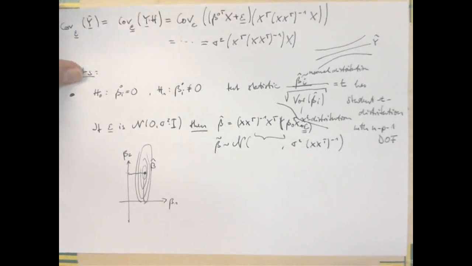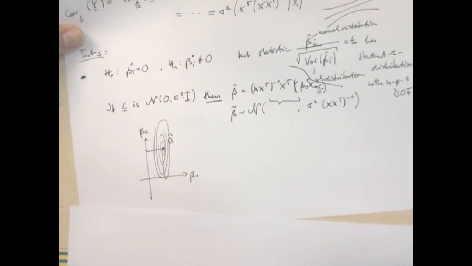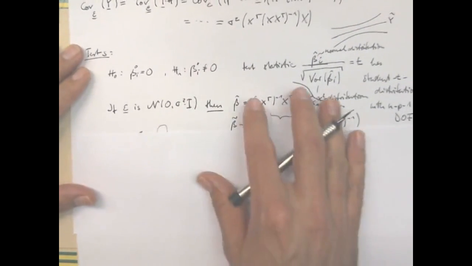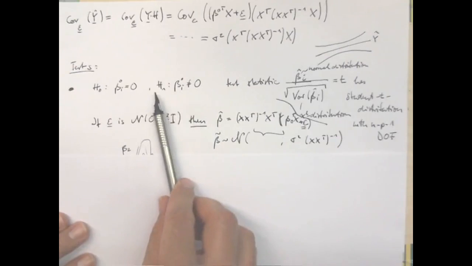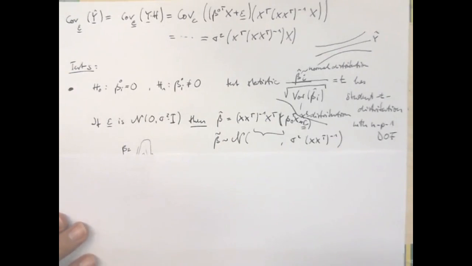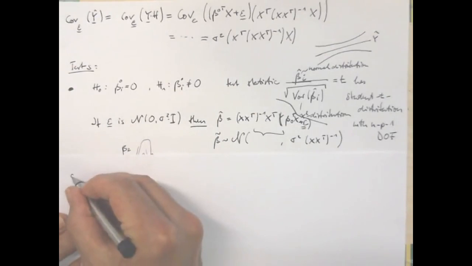So there was one test. I'm not doing all the math here, I'm just mentioning that these exist. The first test wanted to know if a particular regression coefficient should be 0 or not.